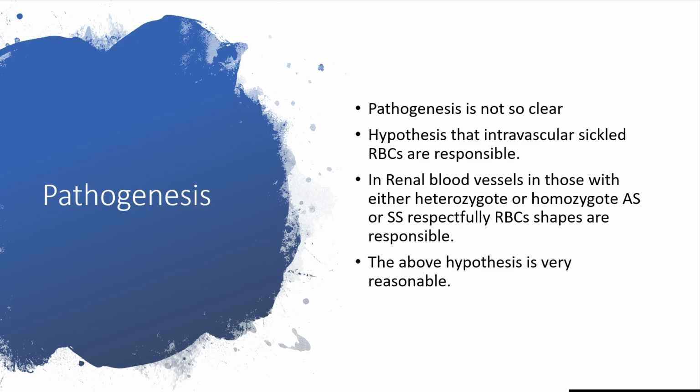What is the pathogenesis here? Well, the pathogenesis is not so clear. Hypotheses hold that intravascular sickle red blood cells are responsible. In renal blood vessels, in those with either heterozygote or homozygote inheritance like AS or SS respectively, red blood cell shapes are responsible.